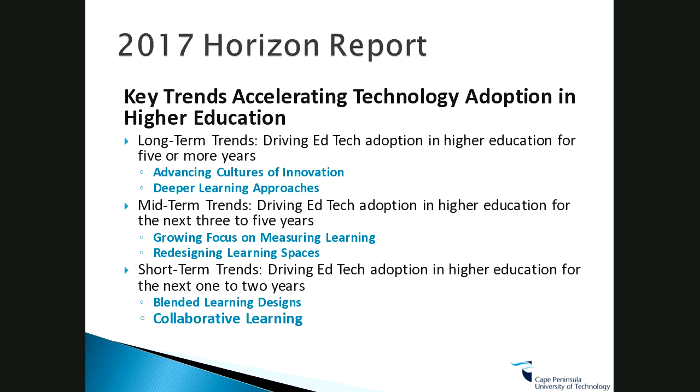So we also need to link up what we do here with the other key trends. The midterm trends, normally 2 to 5 years, are a growing focus on measuring learning and redesigning learning spaces, and then the short-term trends, normally this year or within the next 2 years, will be on blended learning designs and collaborative learning. So those are some of the trends that we pick up in the Horizon report.